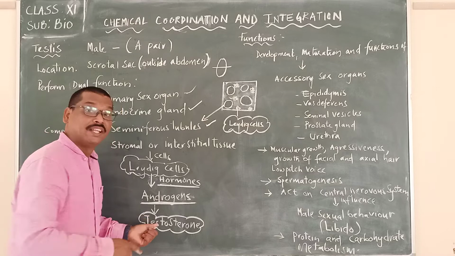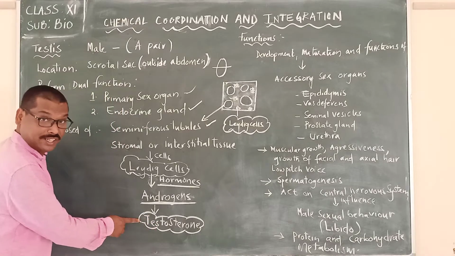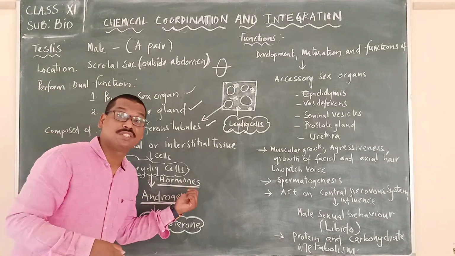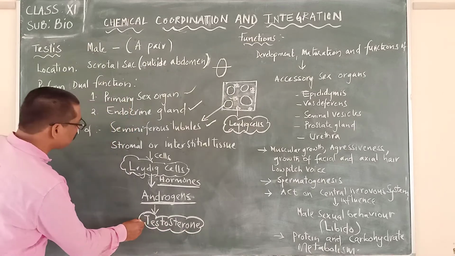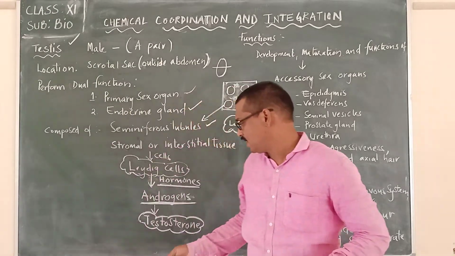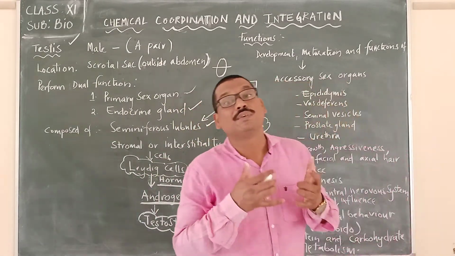So here the testes are producing a hormone called testosterone, coming under androgens. The most important androgen is testosterone. It is a male sex hormone, and this hormone is produced by the testes. This testosterone will be performing different functions.